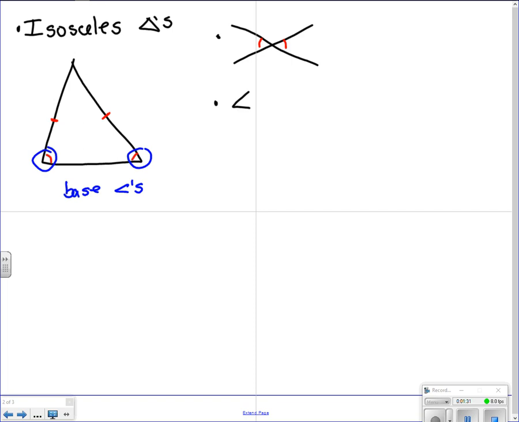And then what you're also supposed to know is the angle sum theorem. Sum means you're going to be adding them.